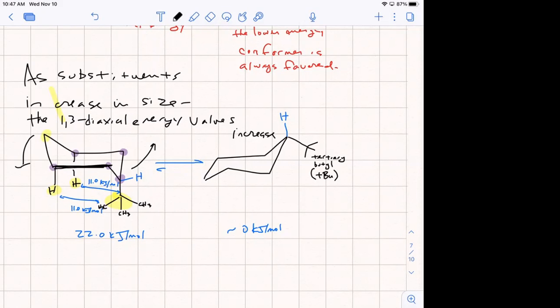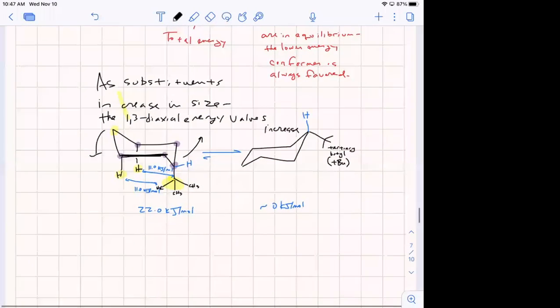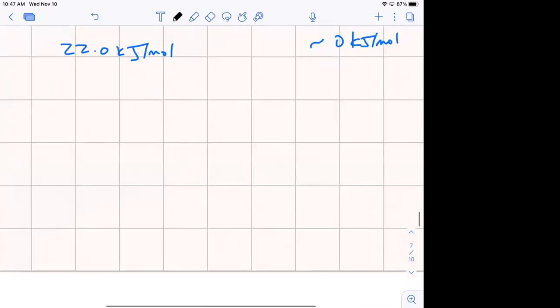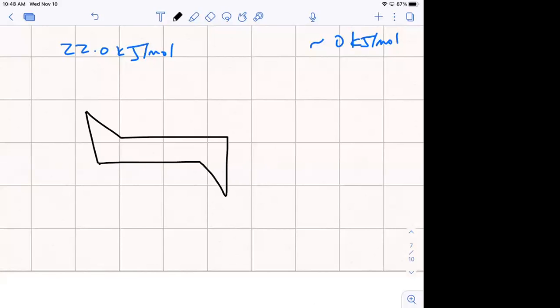It's just less. Like if I put a halogen on here in an axial position, I think the halogen only costs like 1 kilojoule per mole.